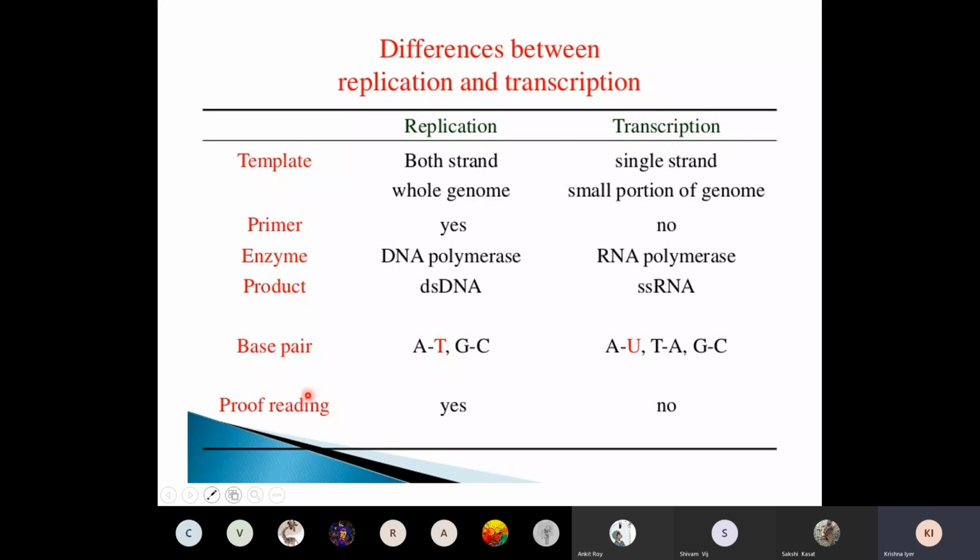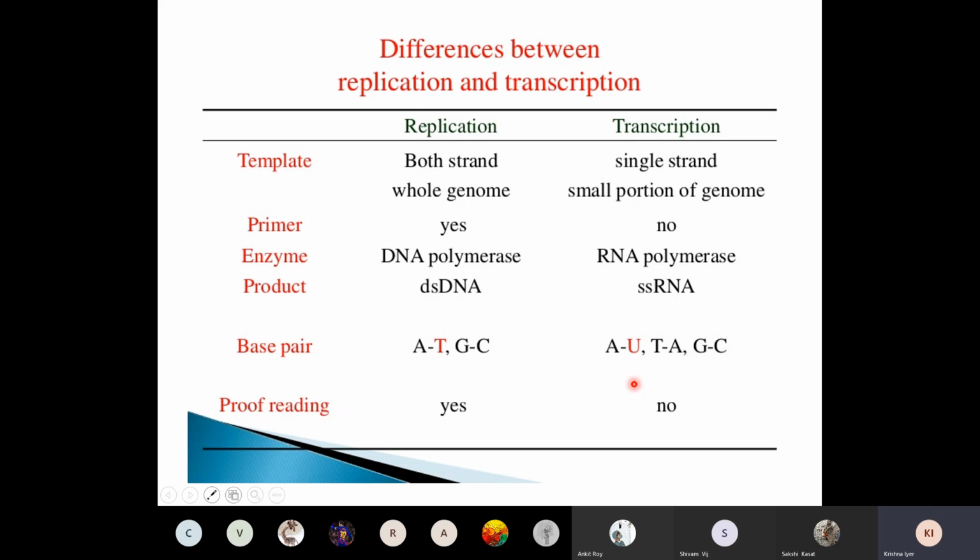Okay. Now the bases which are used in RNA synthesis are slightly different. Rather than A typically base pairing with T, in RNA you find the base pairing is A with U. So that means when a template has an A, the RNA made incorporates a U. While if the template had a T, that is a DNA template, RNA will incorporate an A, and GC is the same.